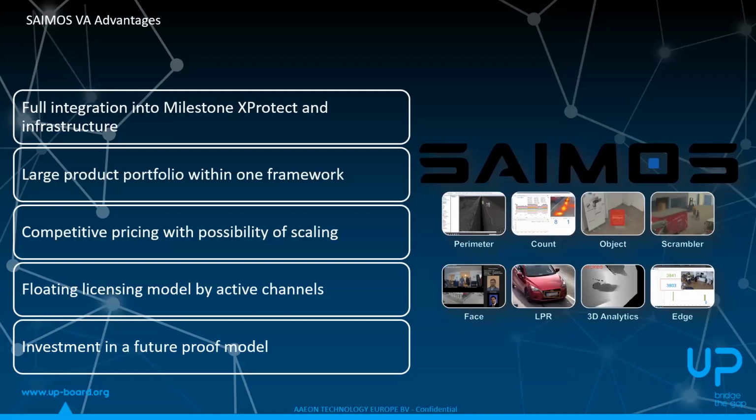And this core functionality will have the possibility of floating licensing. So basically, for example, you could do intrusion detection in a shop with 4 cameras at night and counting with 4 cameras by day and still use the same 4 licenses that are pre-licensed on the system.